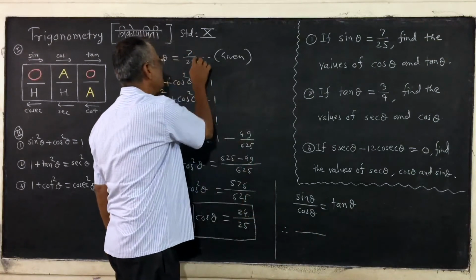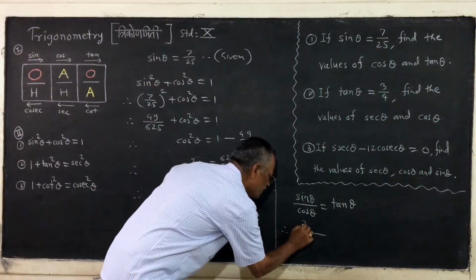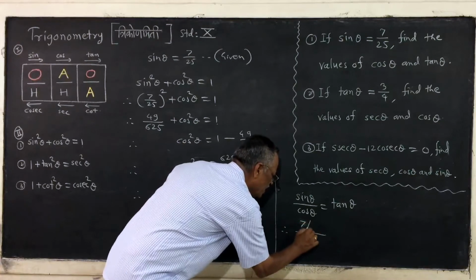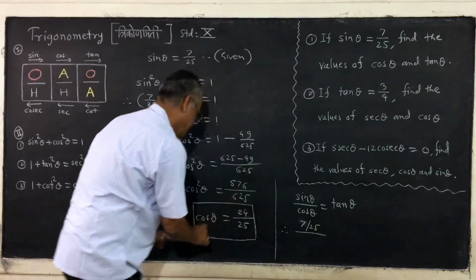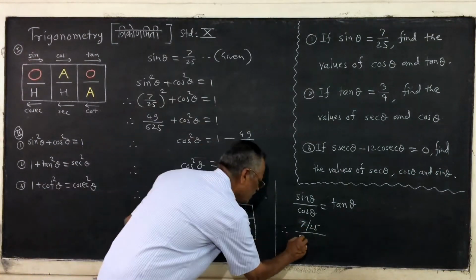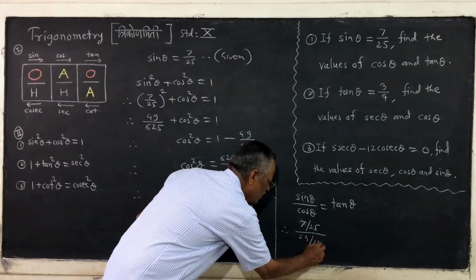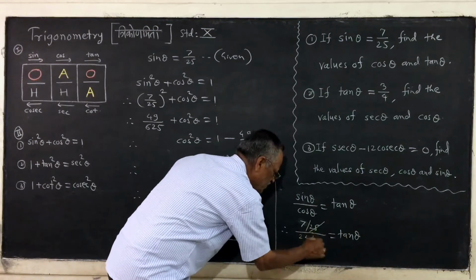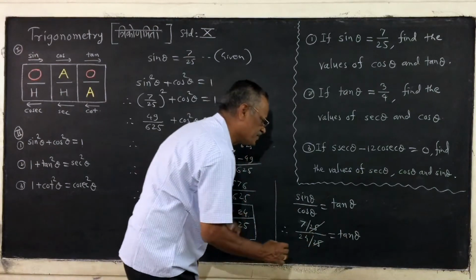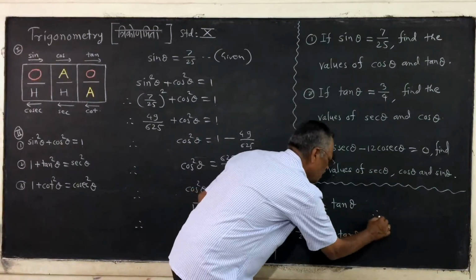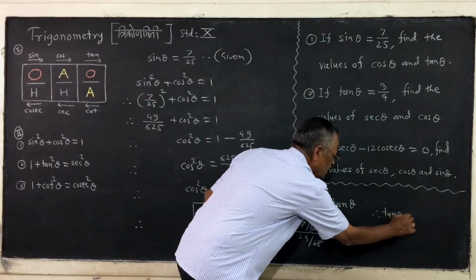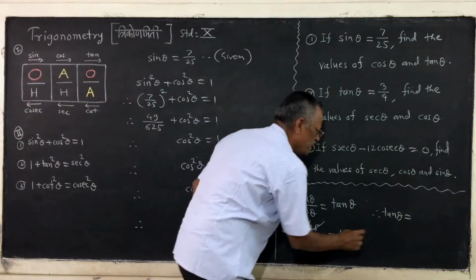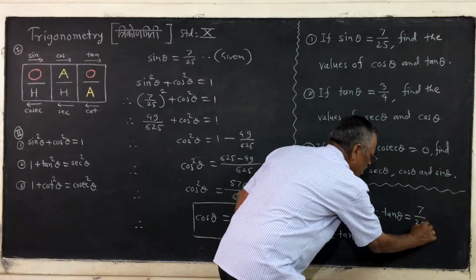Sin theta, what is that? 7/25 divided by cos theta, 24/25. That is tan theta. So what is the final answer? Therefore tan theta is equal to 7/24.